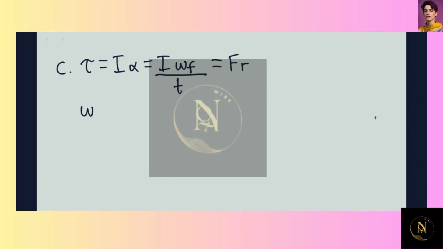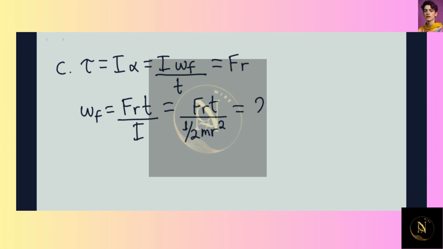So the final angular velocity would be equal to the force times the radius times time divided by the moment of inertia. This would be equal to force times the radius times time divided by 1/2 mr squared. And this is equaling 2 times the force times t divided by mr.